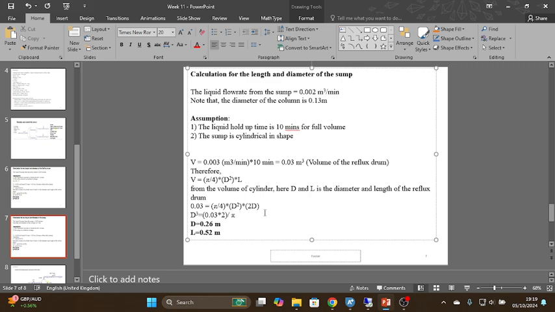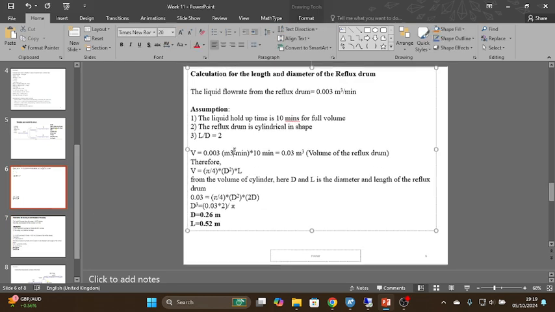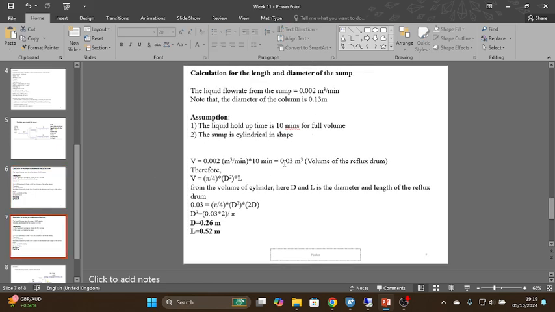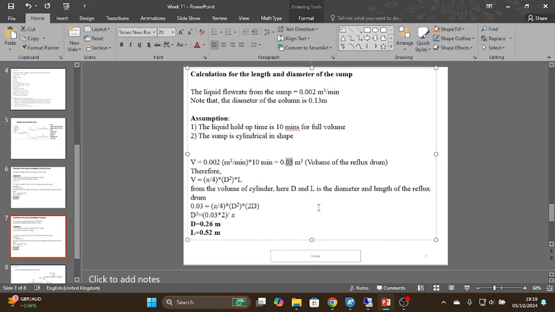So the volume is going to change. This is 0.002 meter cube per minute into 10 minutes. This becomes 0.02 meter cube. Therefore, this equation remains the same, the volume of the cylinder, but from the reflux drum, this becomes the sump of the column.